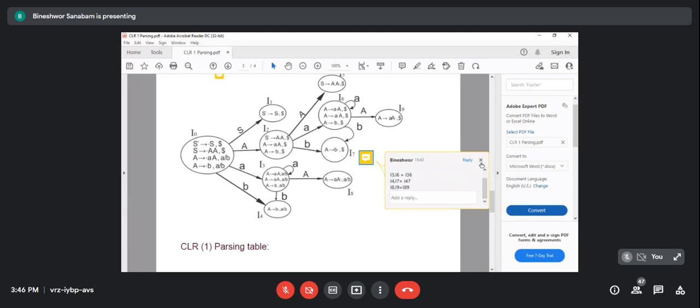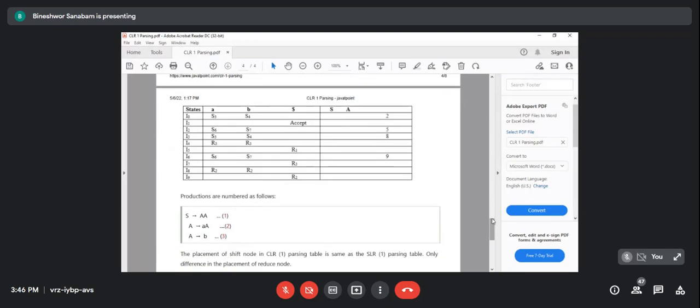If you note that down, then you come to the parsing table. So you have this one as your 3. 3 will be replaced with 36, and 4 will be replaced with 47. 6 will also be replaced with 36.